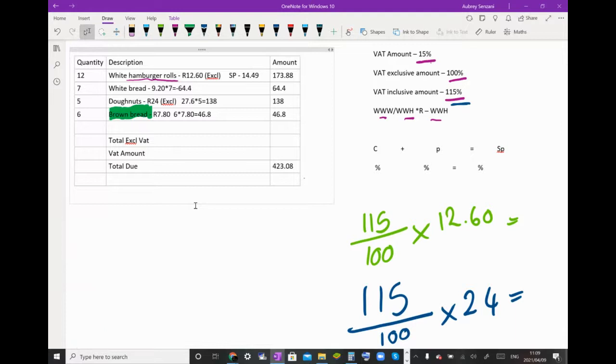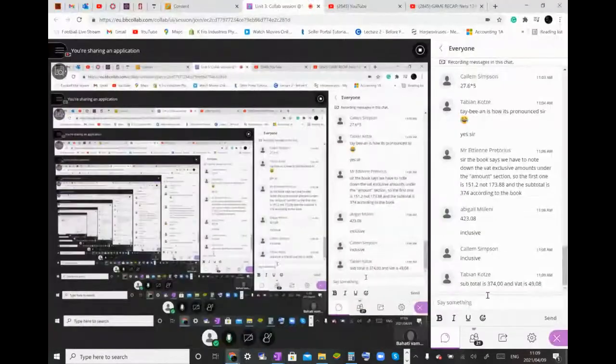This is how it would look on a proper invoice. We have the total inclusive of VAT, then we have the VAT amount, and then we obviously have the total exclusive of VAT. So that's what I would run with. Okay, all right, thank you very much, Tabian. 374.